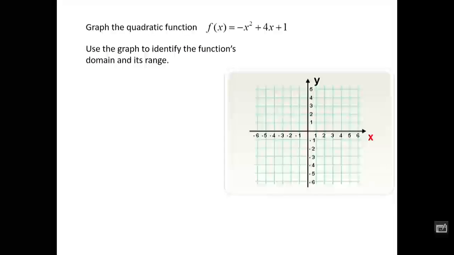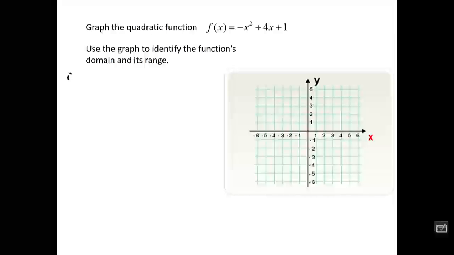In this example, we want to graph the quadratic function given in the form f of x is equal to ax squared plus bx plus c. And then of course, after we graph, we are going to identify the domain and the range of the function. So again, let's gather some important information.